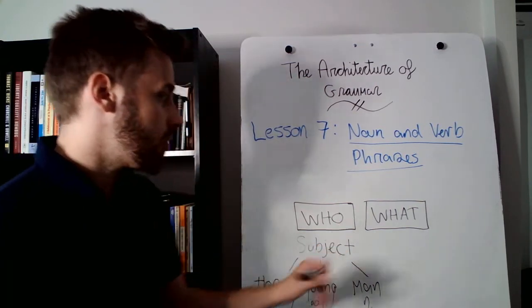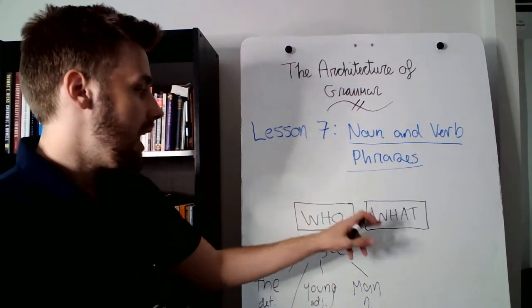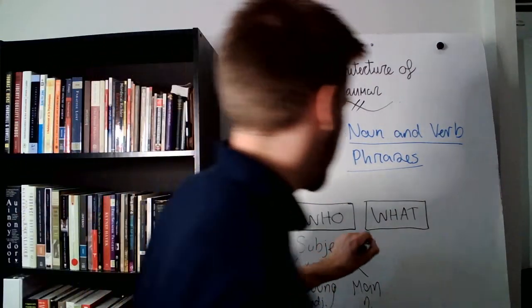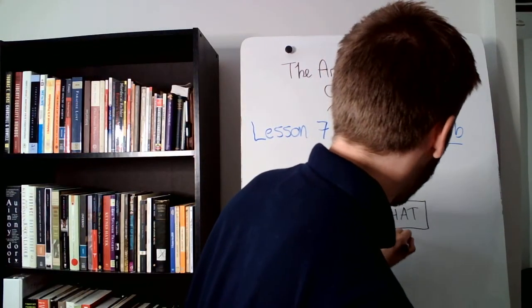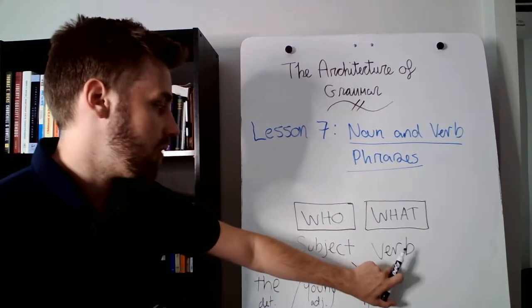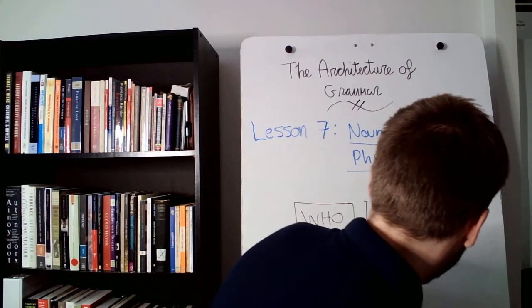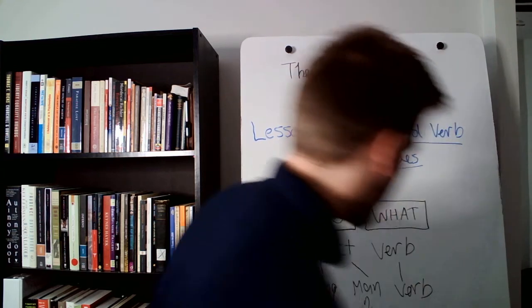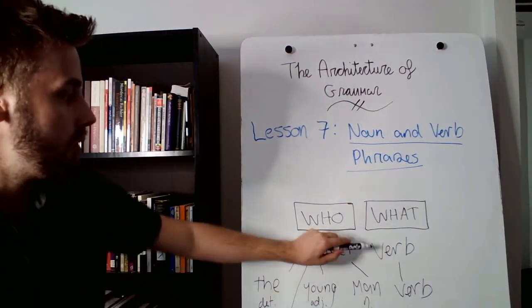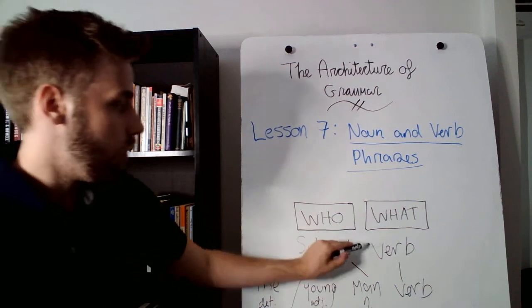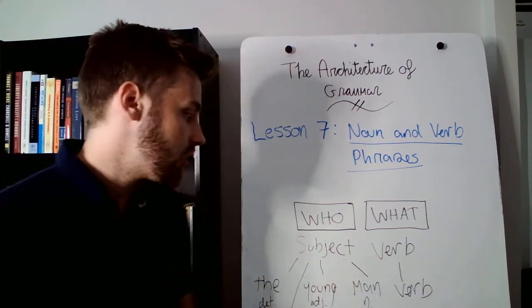Now when it comes to the verb, to the what, oftentimes you'll have a verb, and here that's the word role, that's the function. Most of the time we just have a verb. Just to clarify here, the verb is the word role, but it's also the part of speech.